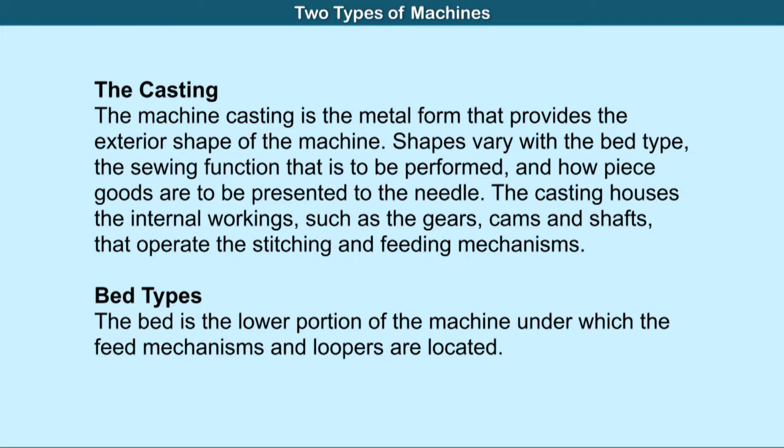Bed types. The bed is the lower portion of the machine under which the feed mechanism and loopers are located.